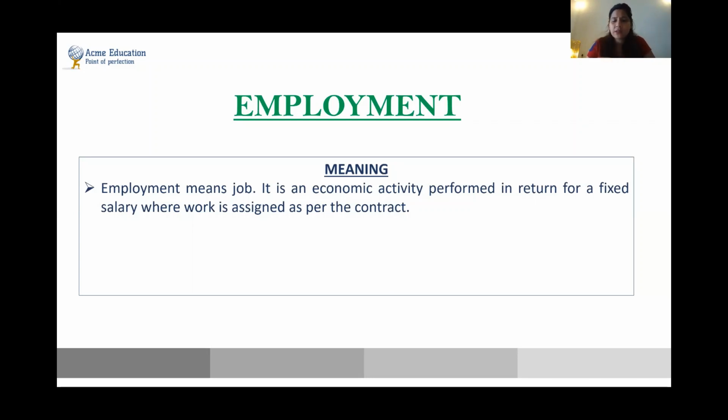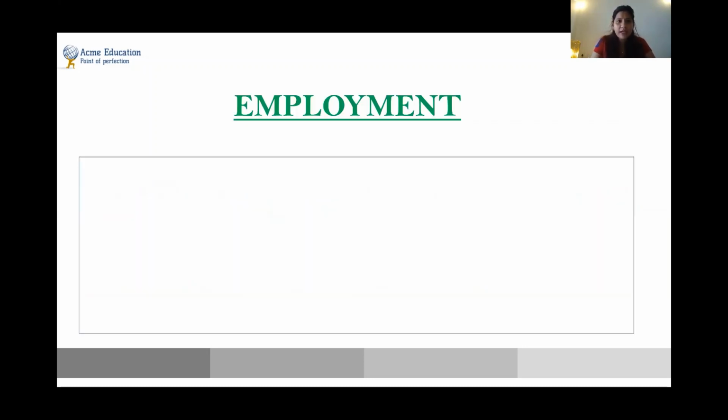Employment is also an economic activity, because in return you are receiving a fixed salary. Moving ahead to the example, a teacher teaching in a school, or a government employee, would be called doing an employment activity. Moving ahead to the characteristics of employment. The first characteristic is that you receive a fixed salary, because you have a contract.